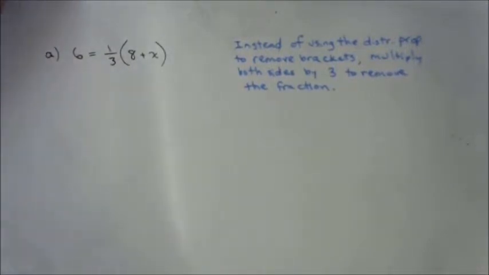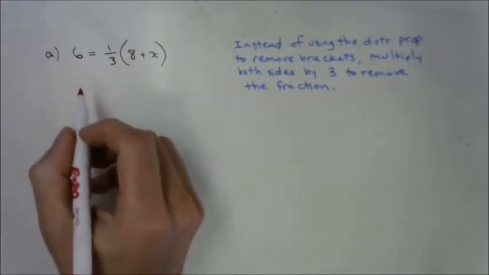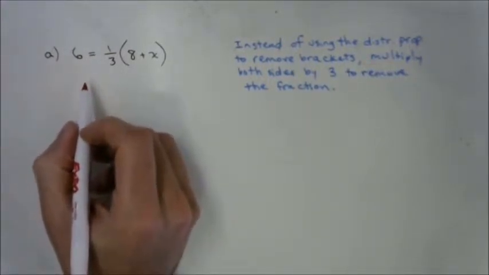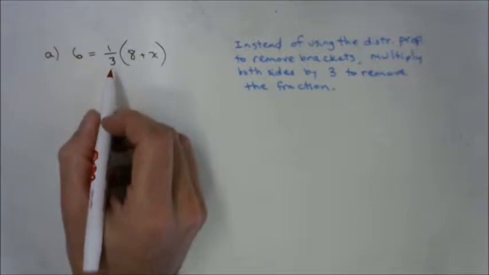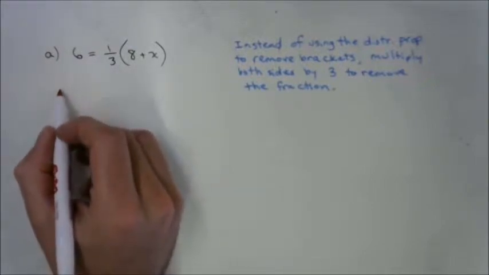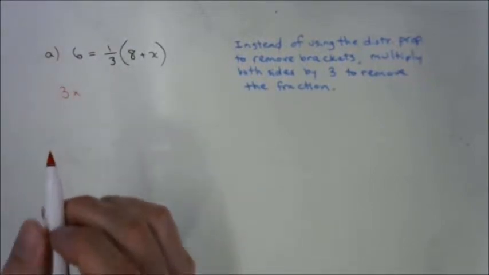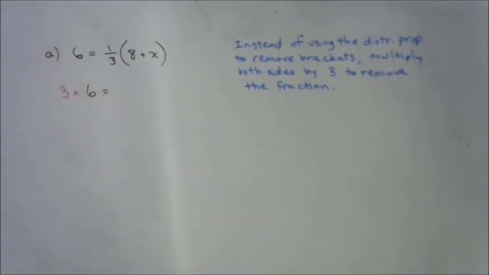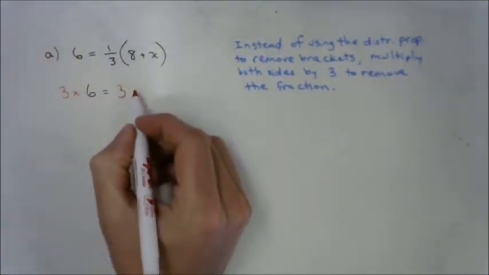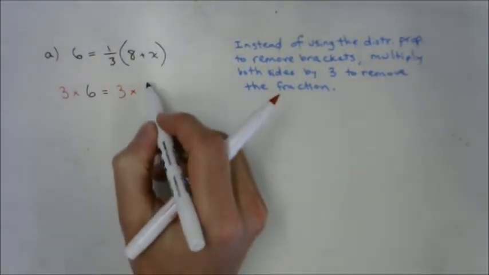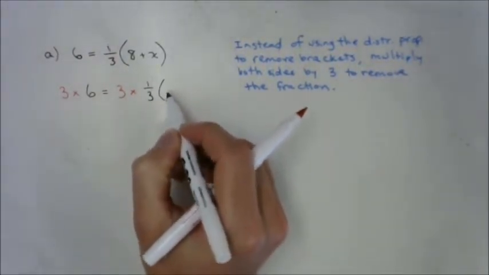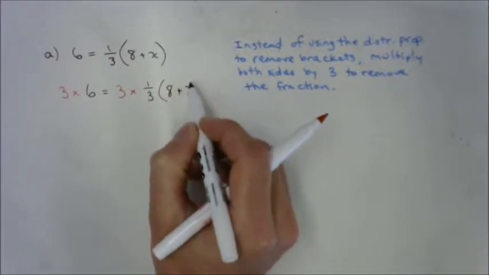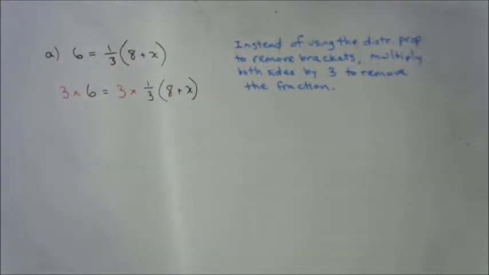So if I rewrite this, and remember, if I'm doing something to the right, I have to do it to the left. So we're going to have 3 times on this side, and we're going to have 3 times on this side. All right.